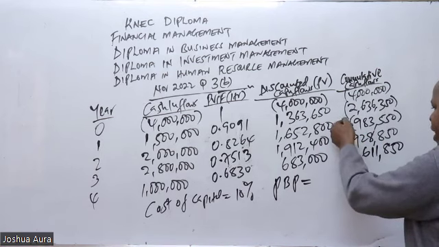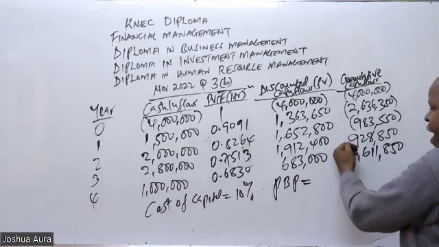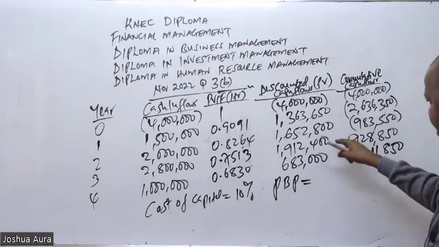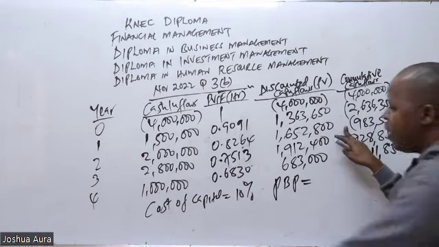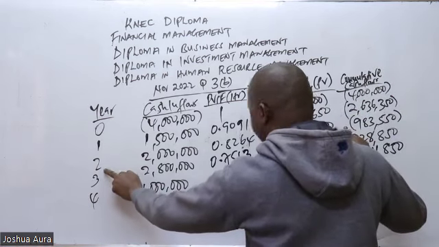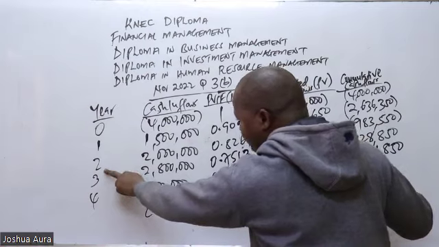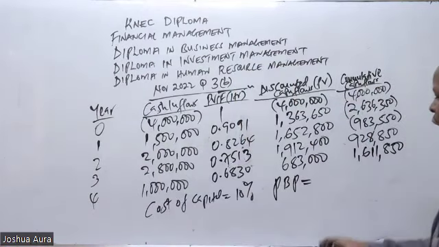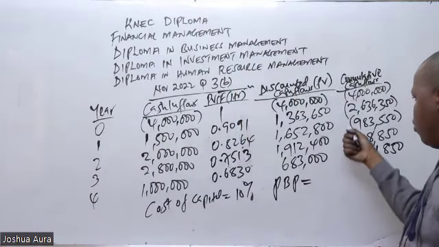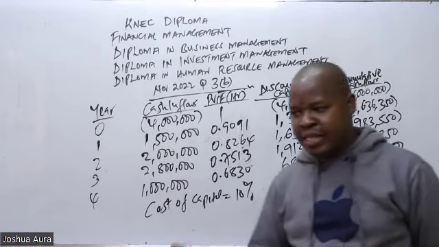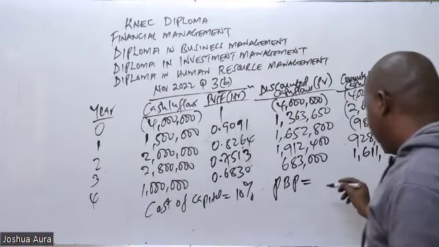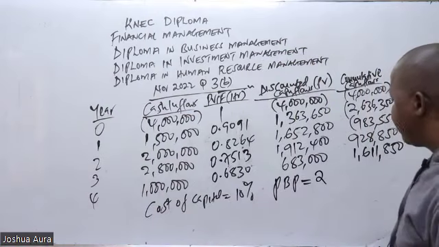After this, we start to get positive figures. So how to get the payback period? You will read the year for the last negative figure, which is 2 years.